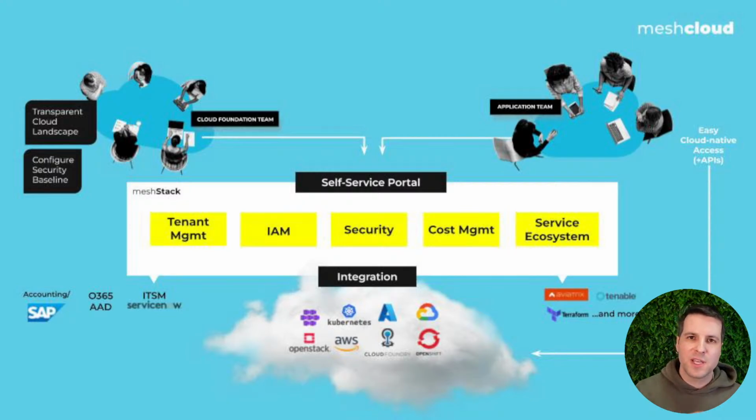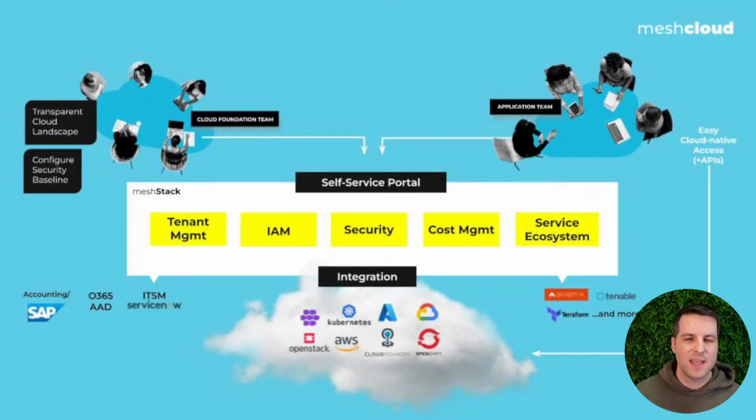So the Cloud Foundation team uses meshStack to manage the cloud in the organization and provide it to their internal customers, the application teams. The application teams use meshStack to book the cloud resources they need, and they don't access the cloud or their resources through meshStack.